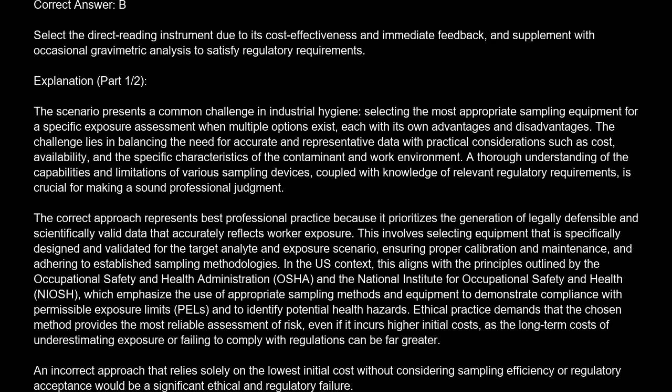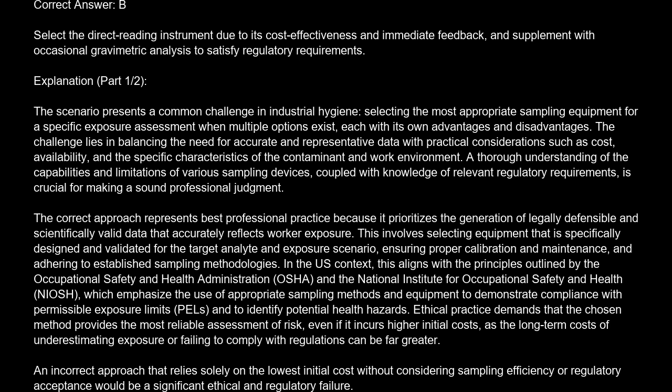Correct answer is B. Select the direct reading instrument due to its cost-effectiveness and immediate feedback, and supplement with occasional gravimetric analysis to satisfy regulatory requirements. Explanation. The scenario presents a common challenge in industrial hygiene, selecting the most appropriate sampling equipment for a specific exposure assessment when multiple options exist, each with its own advantages and disadvantages.